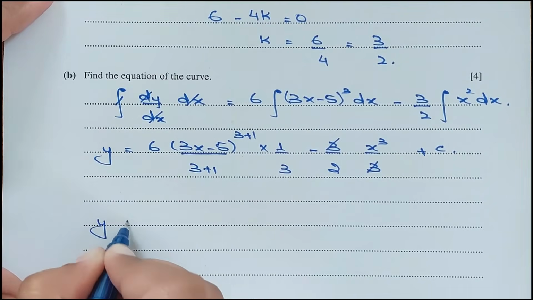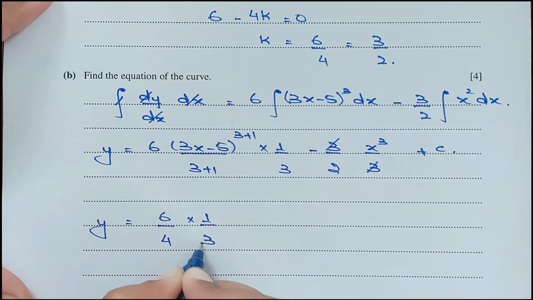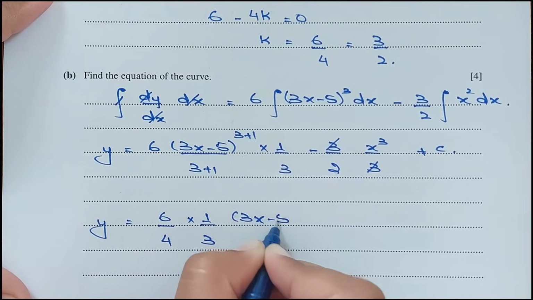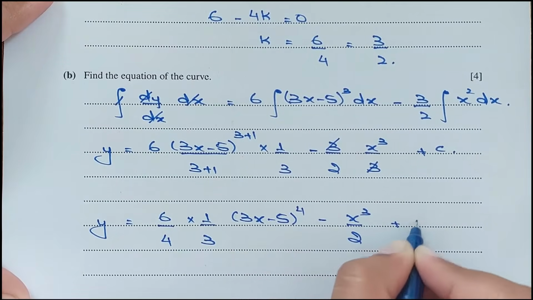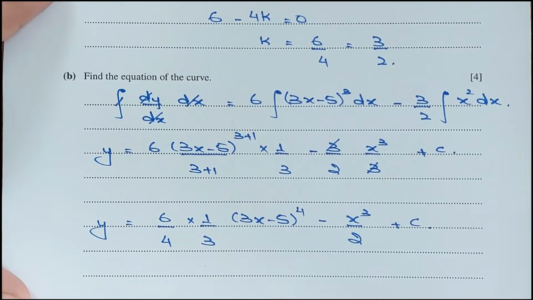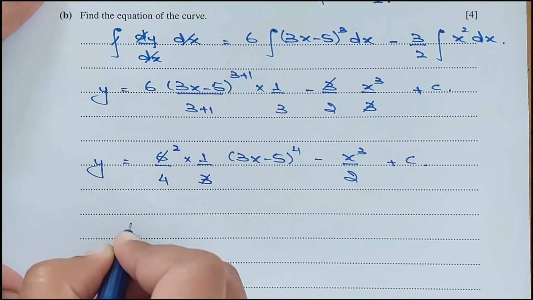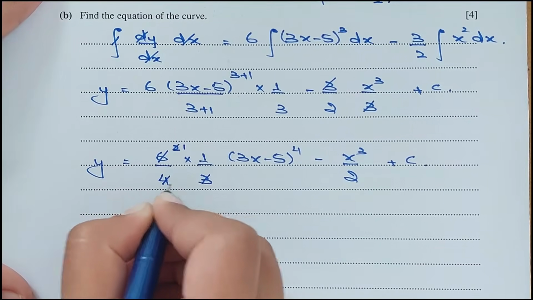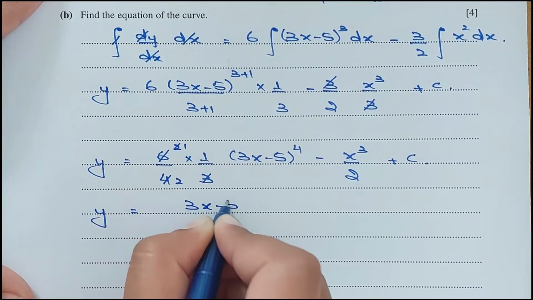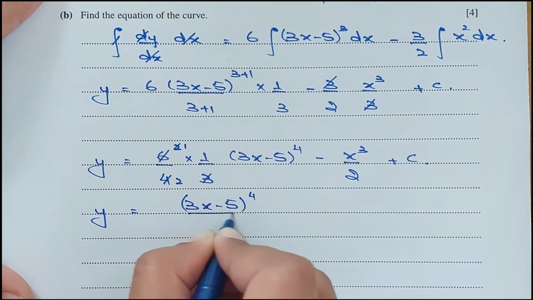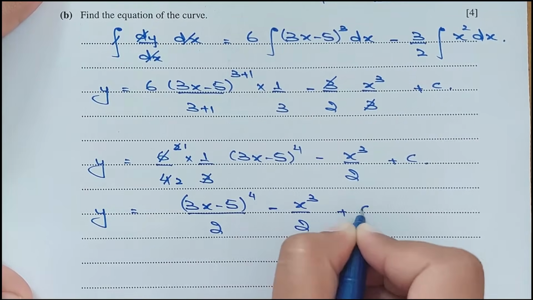Okay, simplify. y would be equals to 6 over 4 times 1 over 3 into (3x minus 5) power 4 minus x cube over 2 plus some constant of integration, right? Further simplification, 3 times 1 is 3, 3 times 2 is 6, and 2 times 2 would be 4. So y is equals to (3x minus 5) whole power 4 over 2 minus x cube over 2 plus some constant of integration.